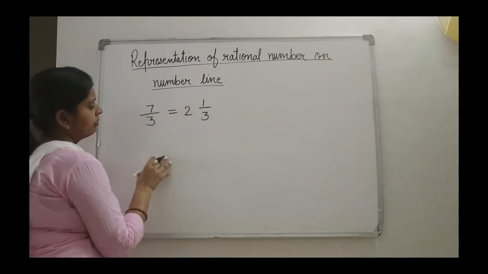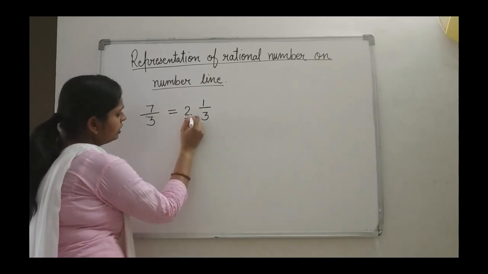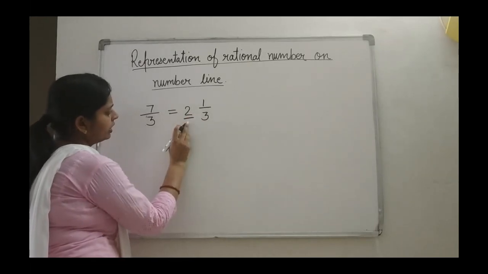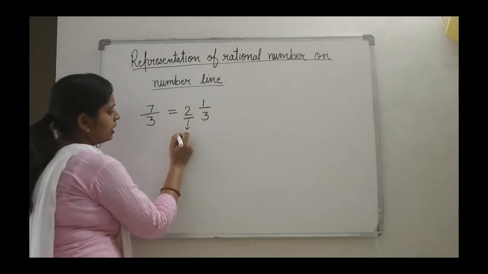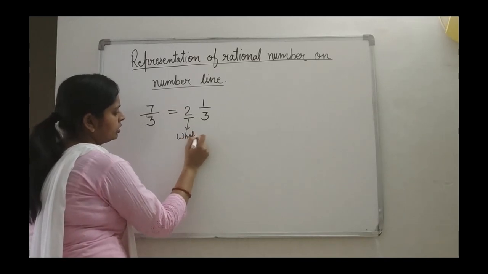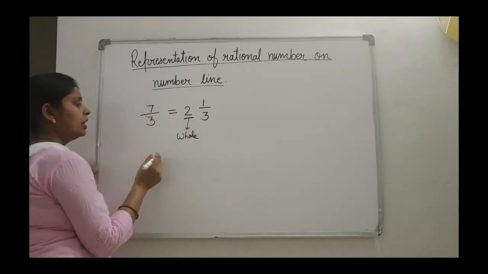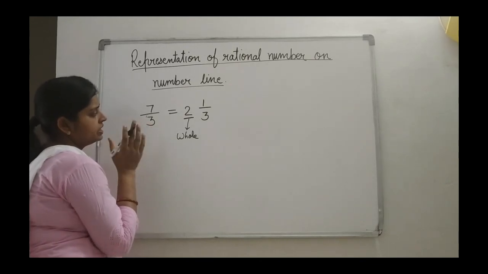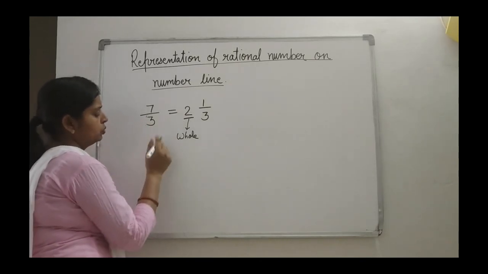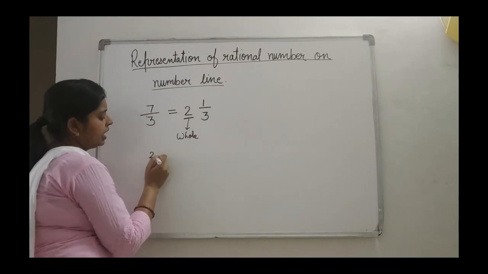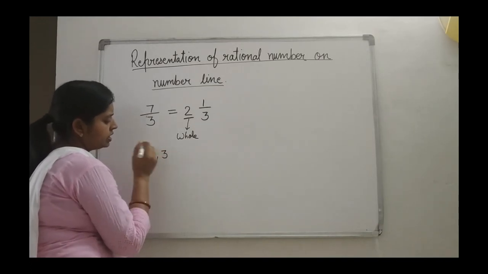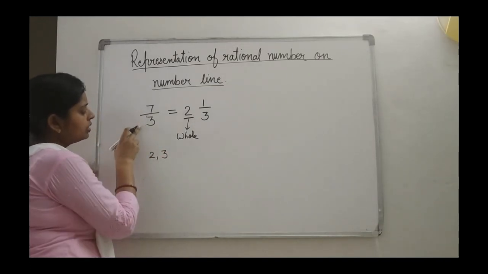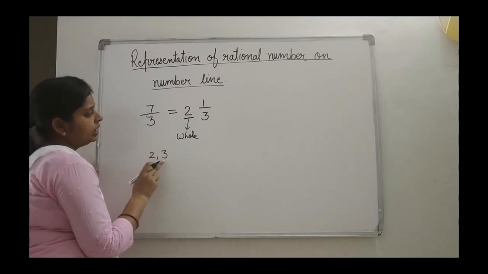So 2 1 by 3. Now, the whole part we have is 2. The whole part tells you which two integers the number will lie between: the whole number we get, and the next number after 2, which is 3. So 7 upon 3 will lie between 2 and 3.